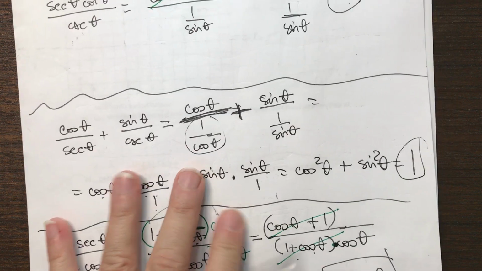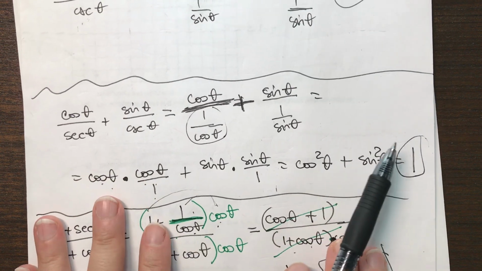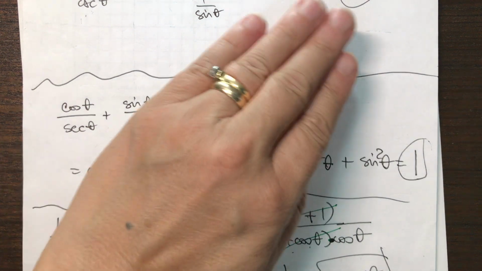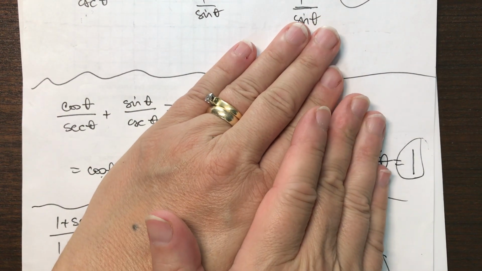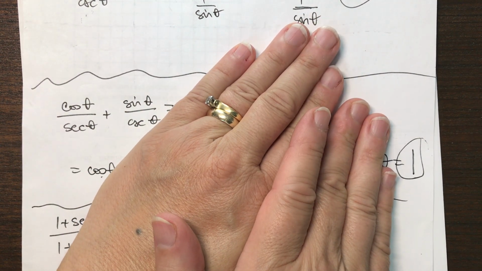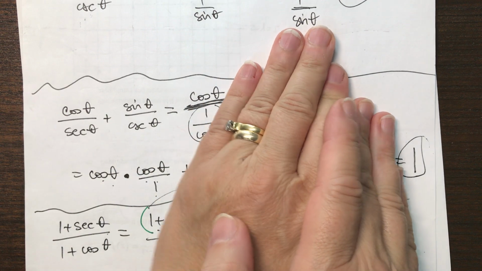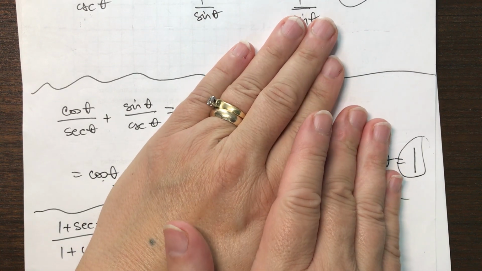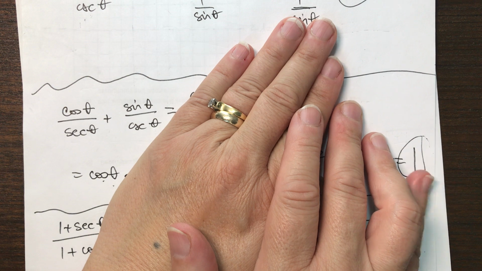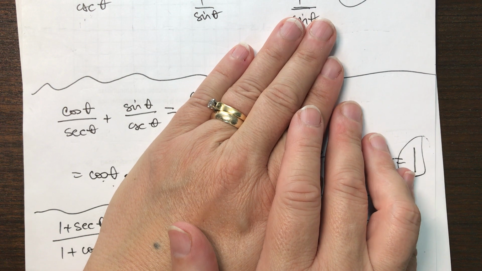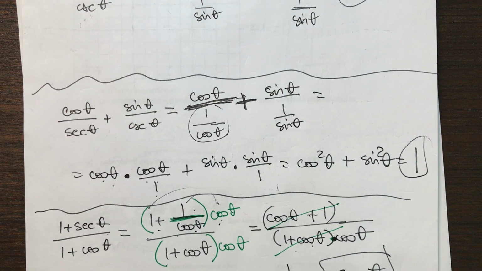So the nice thing about these problems, or these proving the identities, is that we are telling you what the answer is supposed to look like. So in other words, keep on simplifying. Don't stop. Don't be like, oh, this looks good enough. No, just keep on going because your answer will look much better at the end. You will be able to simplify it all the way to a 1.